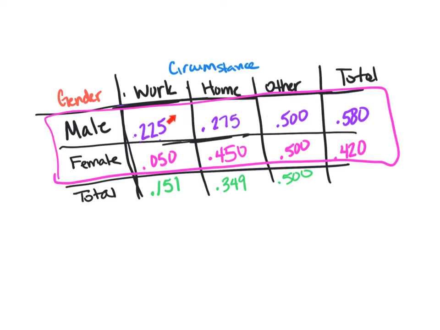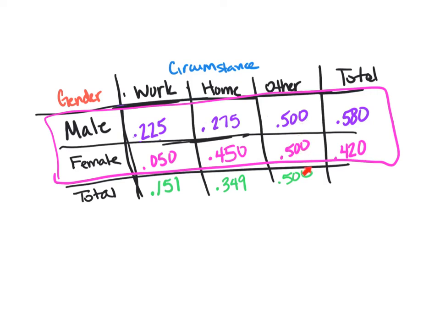Well, we look here, we can see that clearly males get their injuries a lot more than females do at work. Because if you go over to the next column, you can see that males get it at home at about 28%, while females get theirs a lot more at about 45%. The rest of the injuries, though, the other injuries are both the same.